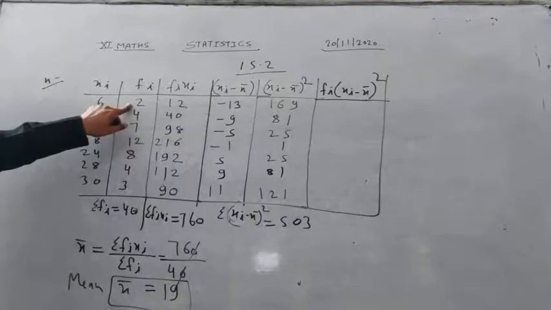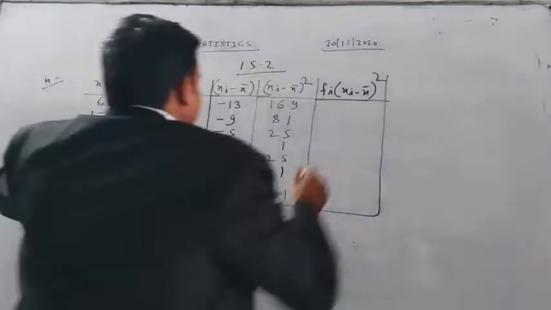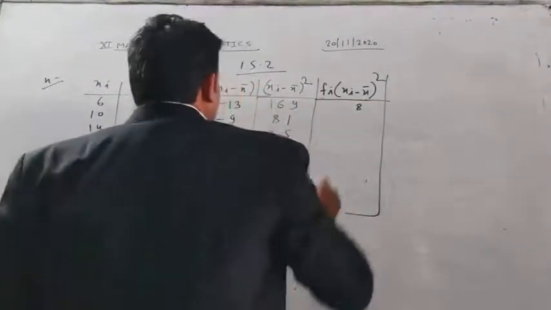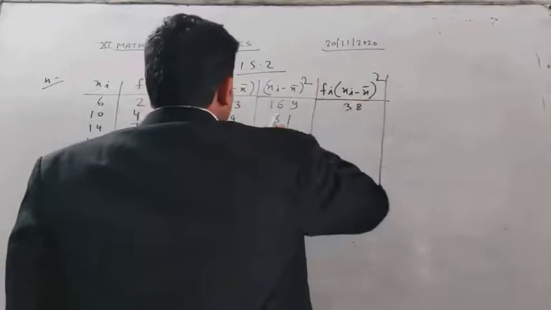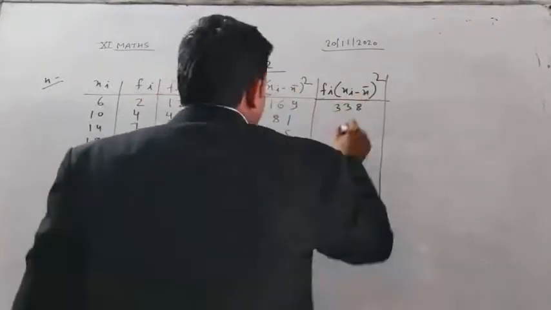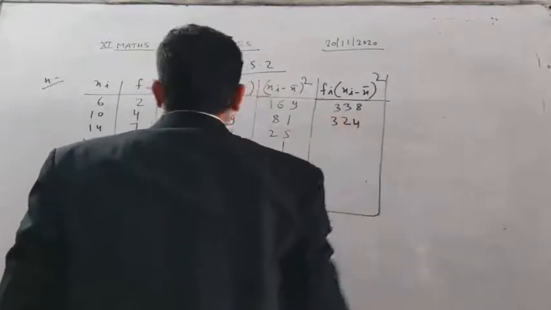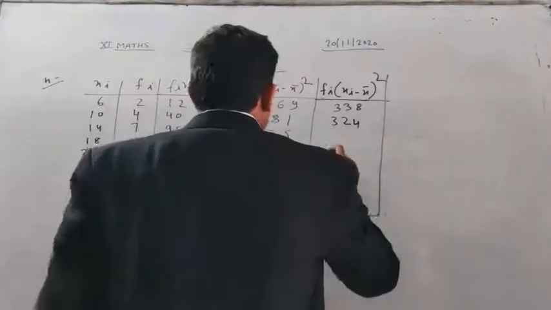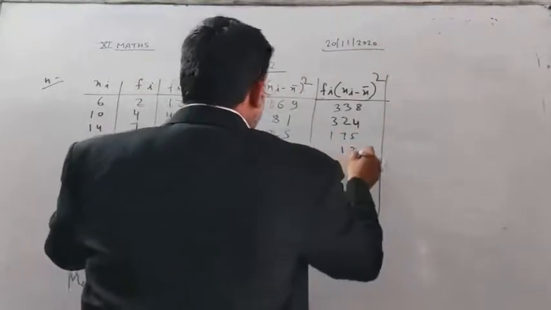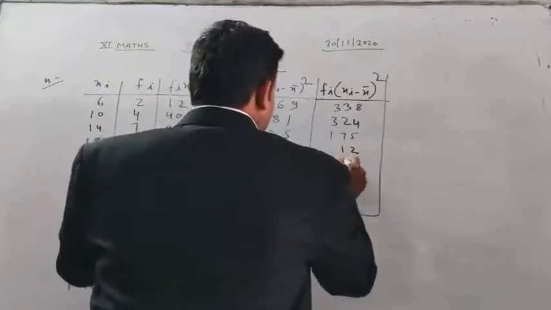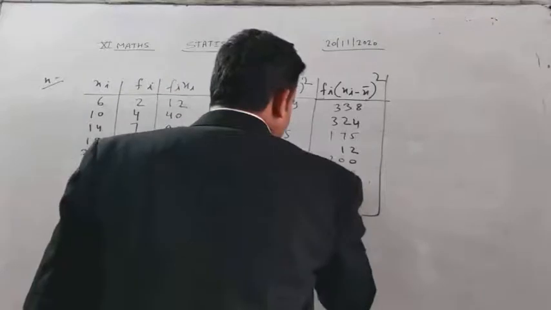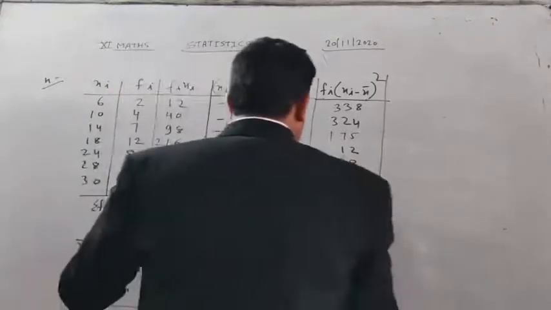After multiplication with frequency, we get 2 9s are 18, 2 6s are 12, 2 1s are 2, 4 1s are 4, 4 8s are 32, 7 5s are 175, this is 12, this is 200, and 4, and 4 8s are 32.